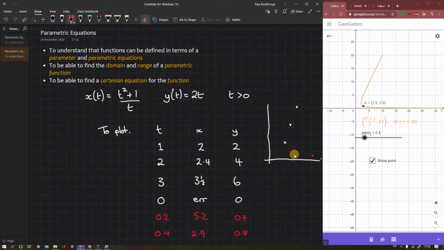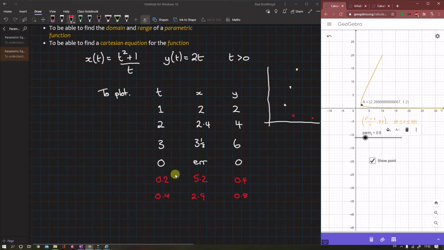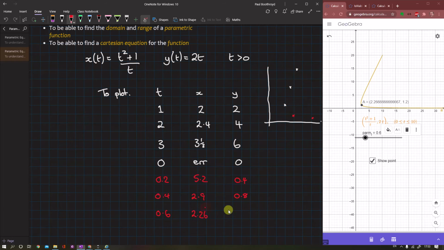Let's go up to 0.6. 0.6 would give me 2.26 recurring and 1.2, which is a point up here. 0.8 is going to give me somewhere very close to the point we've already got: 2.05 and 1.6. And now we're getting the shape coming through that we've seen on the graph already.